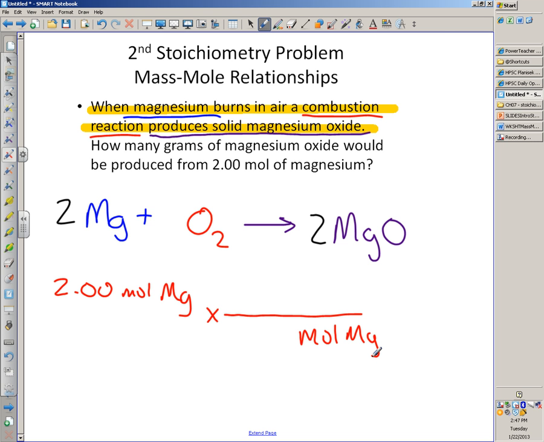Based on what you know about conversion factors, what should go on top? Grams of magnesium oxide. Logically, that's what a conversion factor does: it gets rid of one thing and tells you something else. But guess what? That's not how you do this problem.